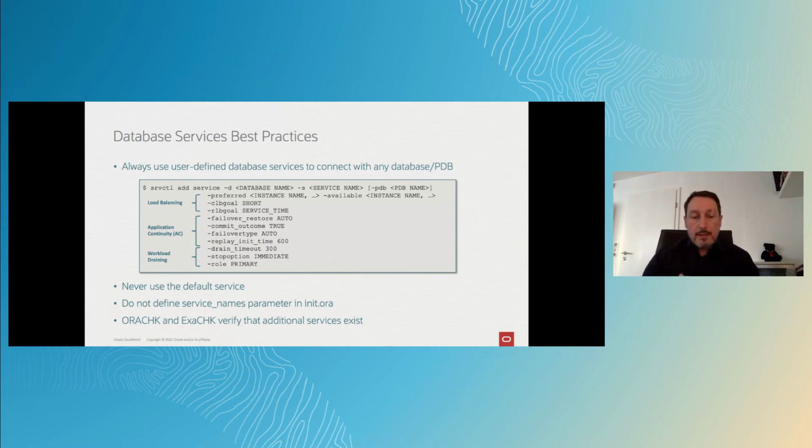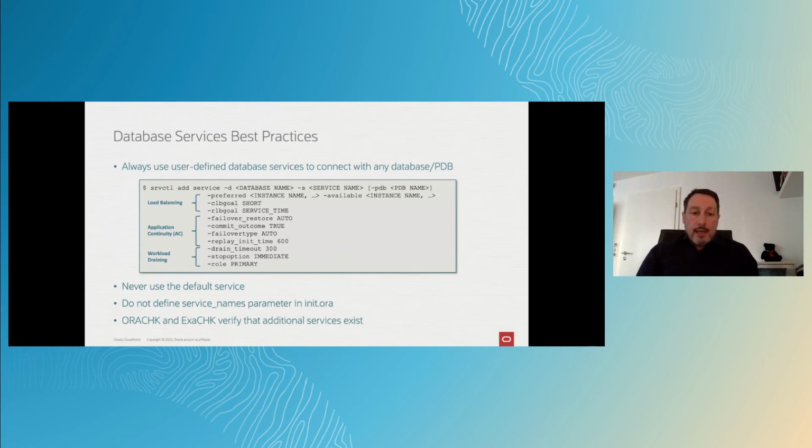So on Exadata, no matter on-premises or in the cloud, if you have a planned maintenance with the drain timeout, you can dictate how long the node will wait so that the sessions have time to fail over to the other node. However, there's a limit to that in the Exadata cloud service for infrastructure patching, so it will not wait indefinitely if you set the drain timeout too high.